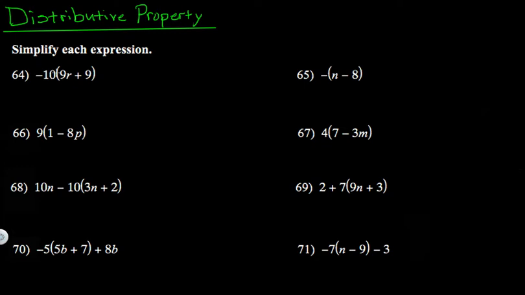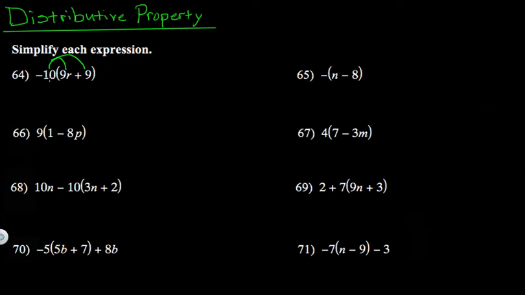We're multiplying negative 10 by that entire expression. All right? So the way the distributive property works is you take what is being multiplied on the outside and you multiply it by each term individually, and then you get rid of the parentheses.